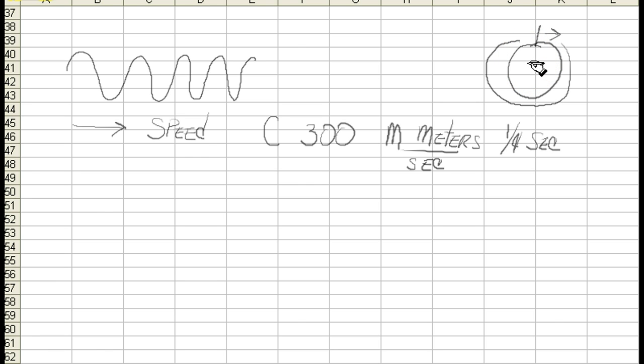So now let's review what we've learned so far. Basically we have the frequency, and by definition that's the number of vibrations per second, and its units is hertz.